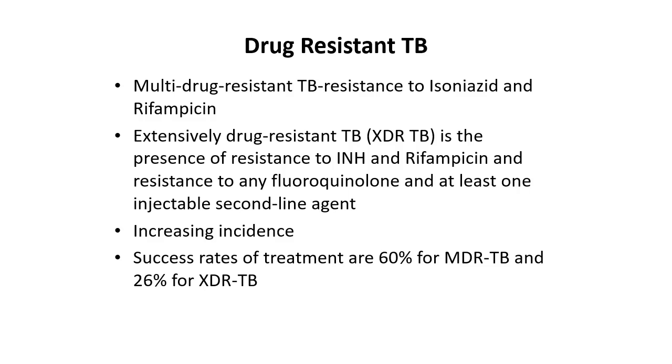Extensively drug-resistant TB is the presence of resistance to INH and rifampicin and resistance to any fluoroquinolone and at least one injectable second-line agent. The WHO estimates that the incidence of MDR-TB was 500,000 in 2017, of whom roughly 50,000 patients had XDR-TB.